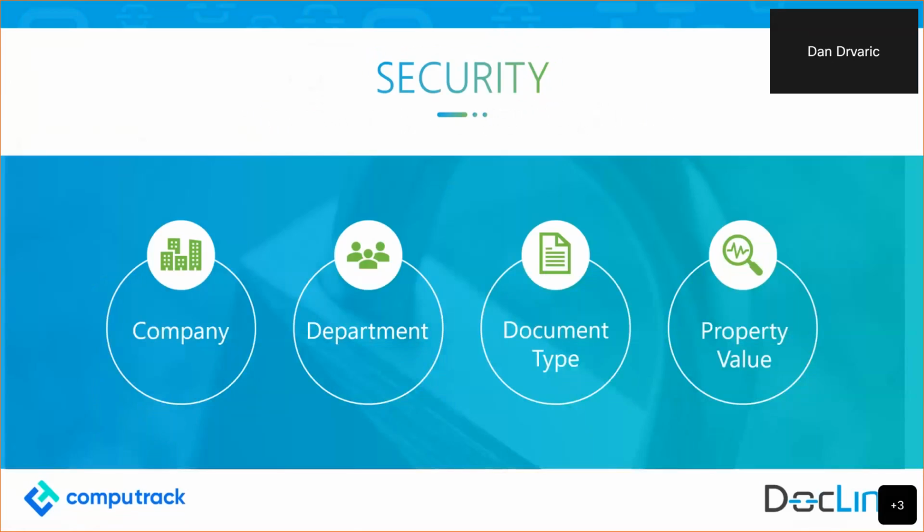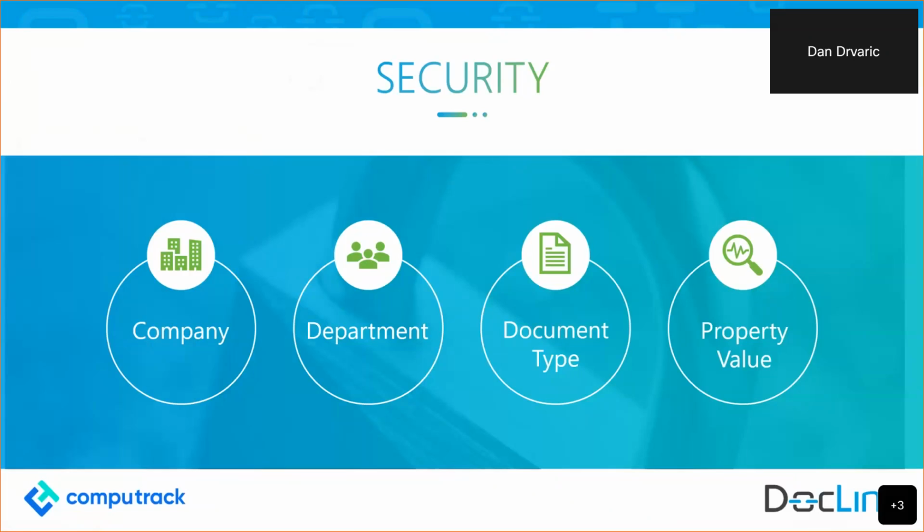I want to talk just for a moment about security. Security can be done on a company-by-company basis. So yes, DocLink can be as multi-company as your Sage installation may be. Again, go back to the company that I talked about a little earlier today. They're a development company with about 50 to 60 different companies that are responsible for each of the properties that they're involved with.